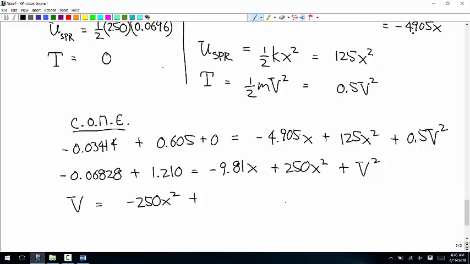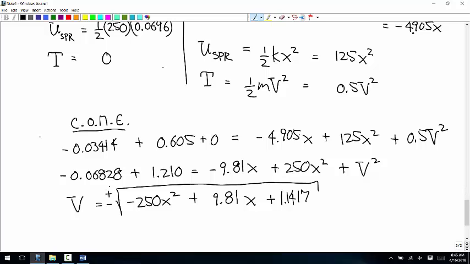Okay, 1.1417. You got negative 250x squared plus 9.81x plus this. And this is positive, so that's the answer.